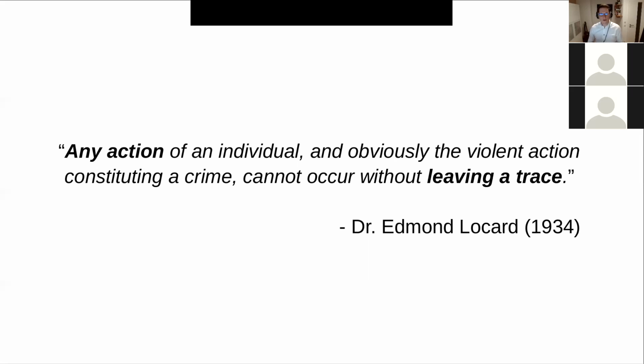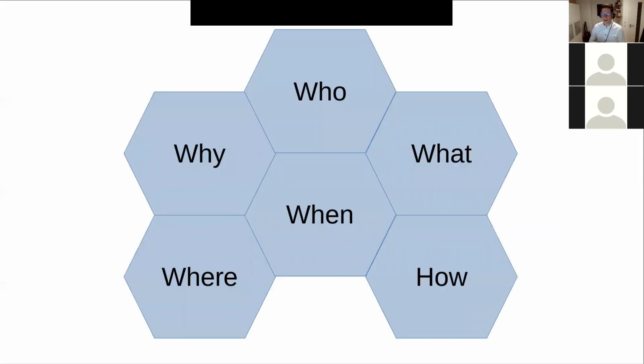So this is pretty convenient because now we can identify relevant questions we want to answer in digital forensic investigations. In general, we can answer, or we aim to answer, the so-called 6 W's in forensic investigations: the why, who, what, when, how, and where.